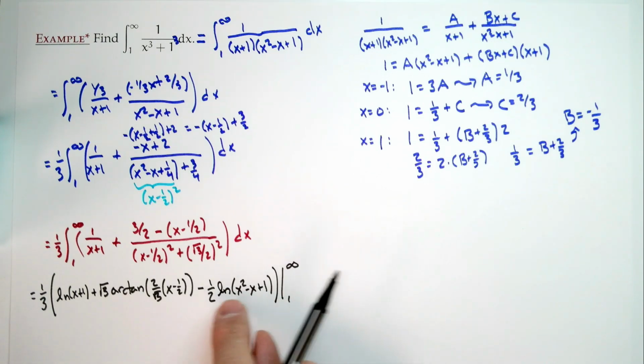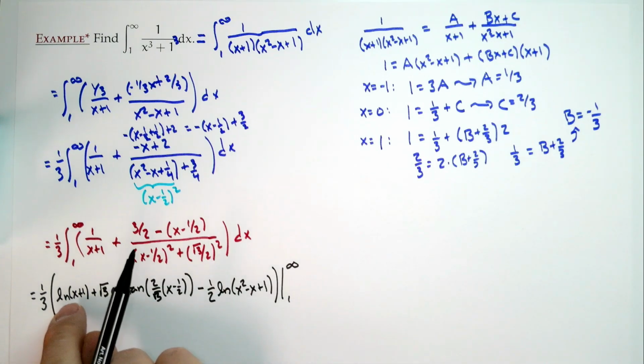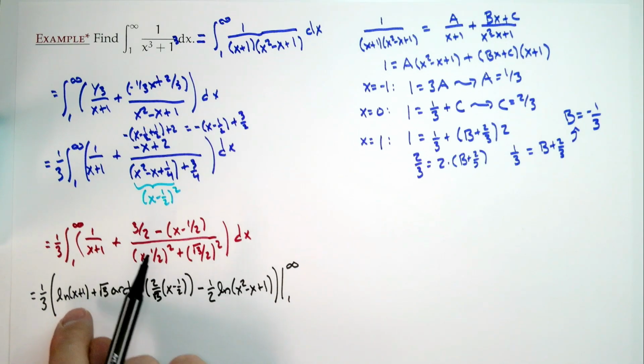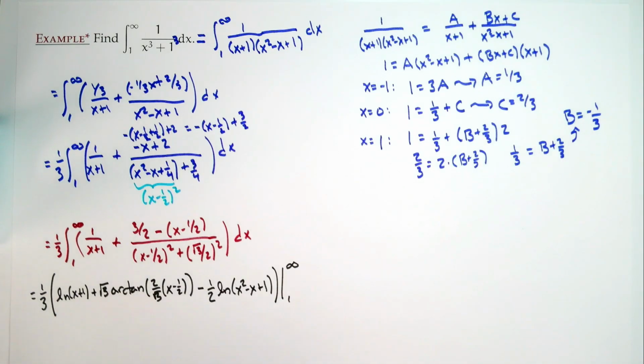So that's like heading to minus infinity. And this part, that's big inside the log too. That's heading to plus infinity. So it's infinity minus infinity. Now, infinity minus infinity doesn't mean the limit doesn't exist. It just means we got to do more work. And in particular, we got to use limits to figure it out. So this is a case where we really do have to use a limit.